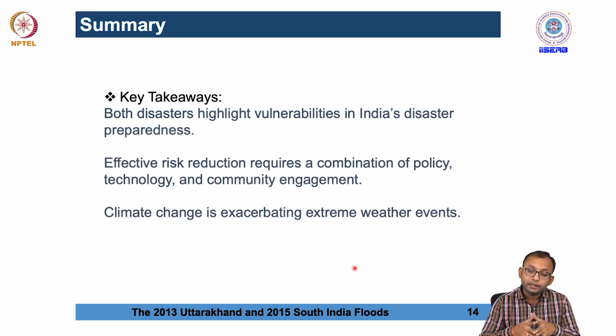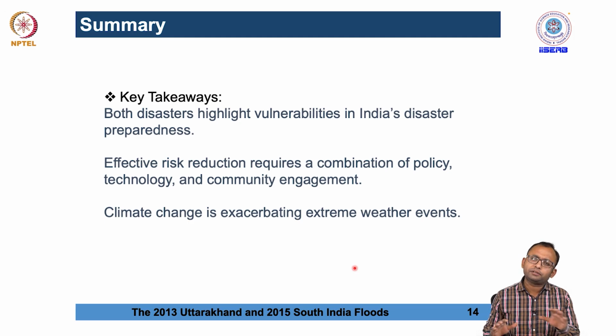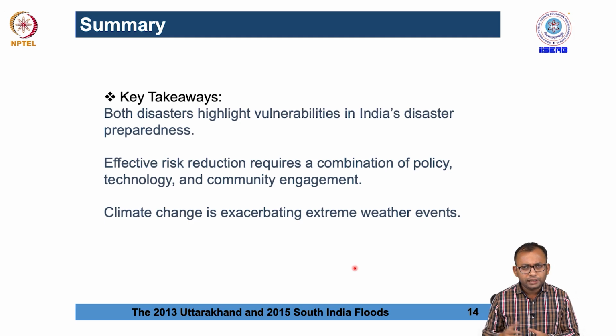We have also learned in this lecture that climate change is exacerbating extreme weather events. We have talked multiple times in the past few lectures that because of climate change, rainfall is increasing and temperature is rising, therefore flooding events will become more common.